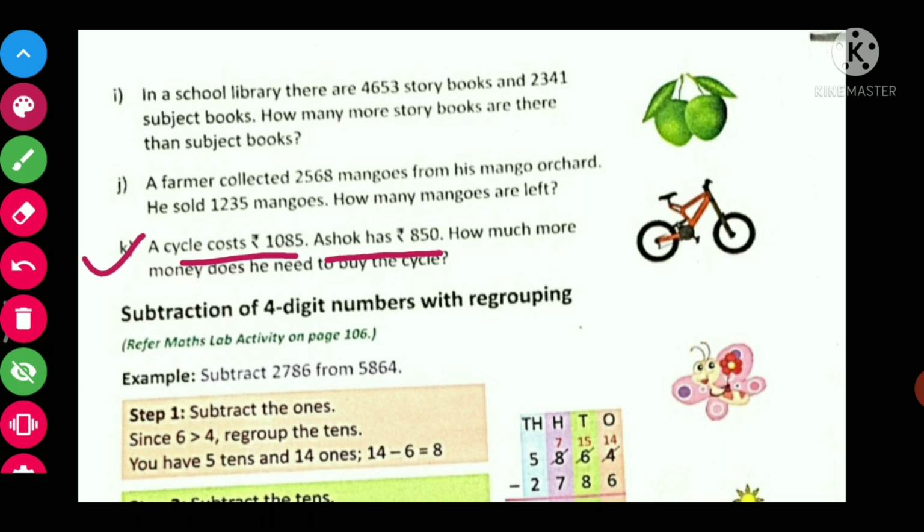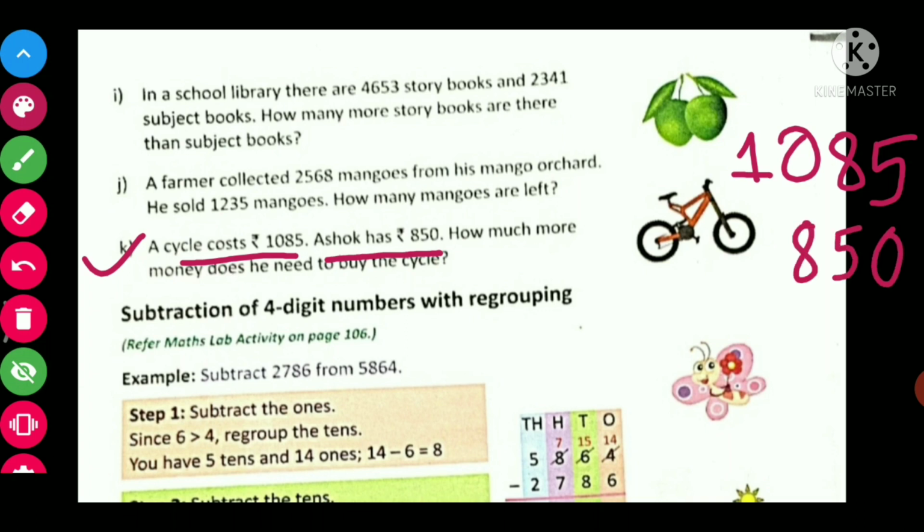Okay, so now I will write the number 1085 and below I will write 850. Remember, you have to write the numbers according to the place value. The digit that is placed in the 1's value should be in the 1's value, then 10's value, then 100 value, and then 1000 value.